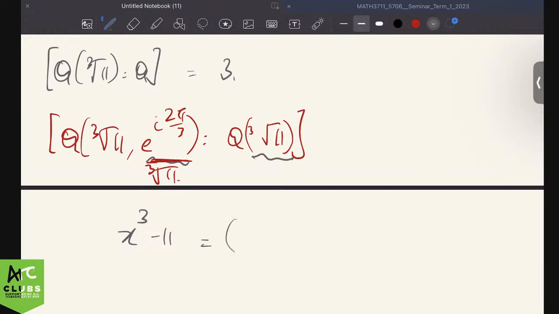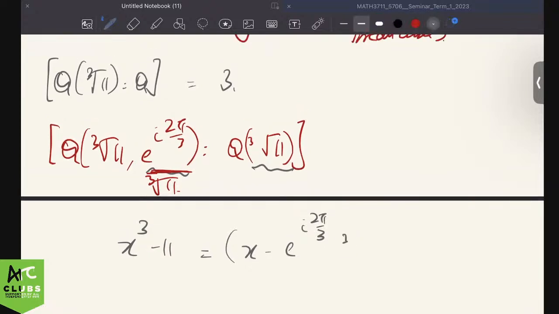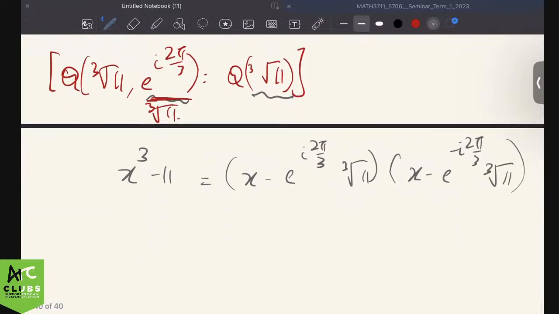We've also got e to the i pi on 3 times cube root 11, so x minus e to the i something, and the last one will just be x minus this. We don't need this over here anymore.